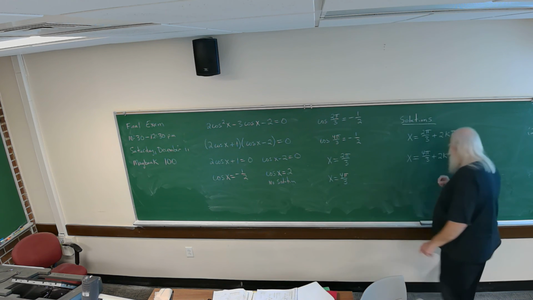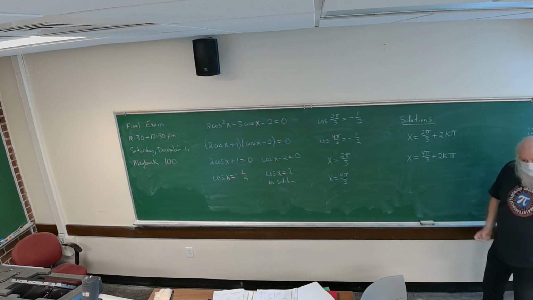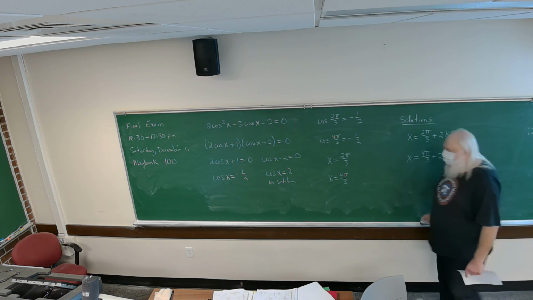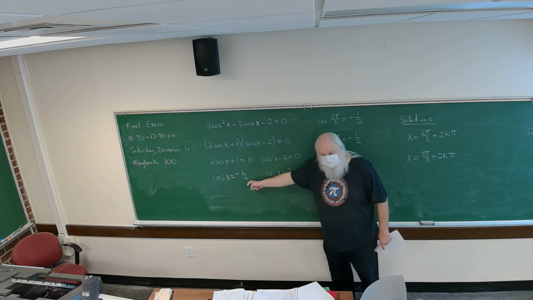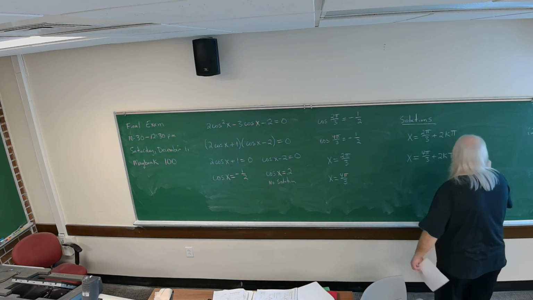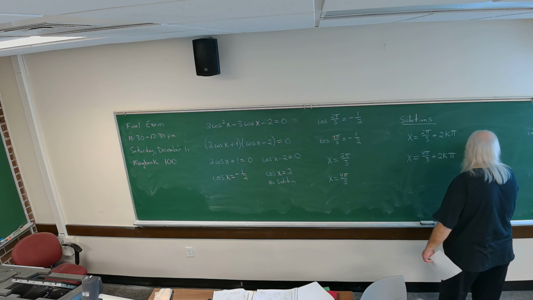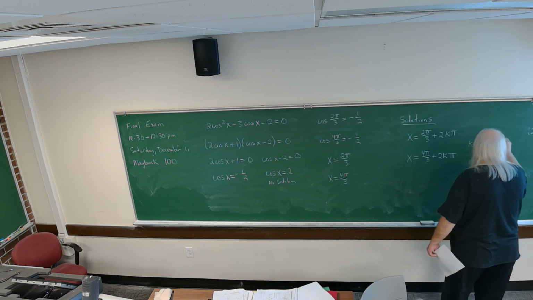And that gives us all the angles that are coterminal with 4 pi over 3. And the cosine of all those angles is also equal to minus 1/2. Remember, k is an integer.